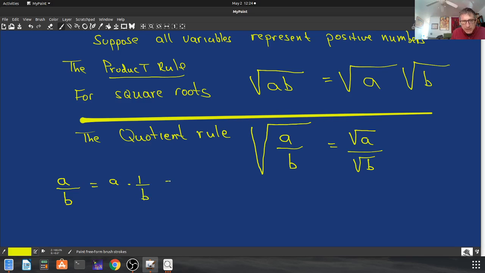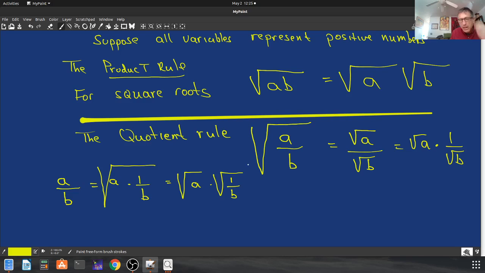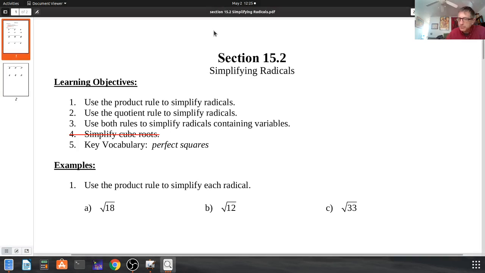So using the square root, now it's a product, that's the square root of a times the square root of 1 over b. And that's exactly what this is here. But sometimes it's nice just to see it in that form. But that's the product rule and that's the quotient rule.